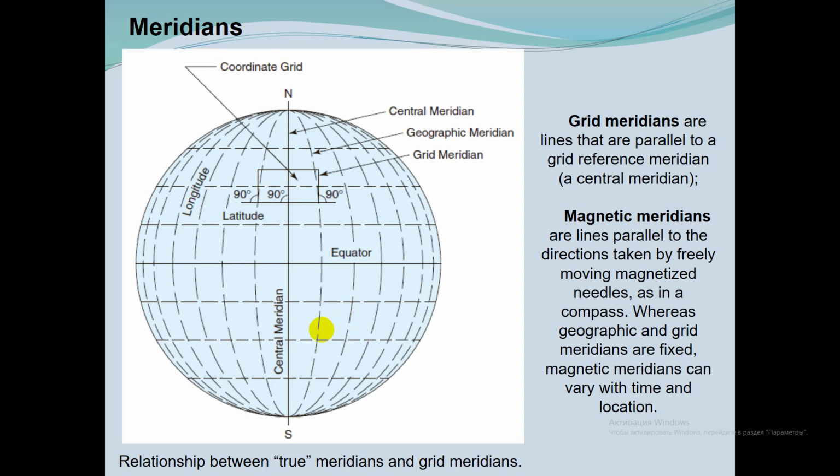Whereas geographic and grid meridians are fixed, magnetic meridians can vary with time and location. This is the equator and this is a central meridian.